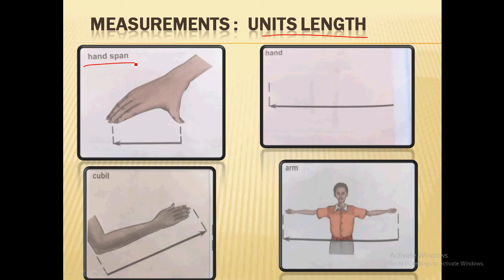Number 2 is a hand. Use your hand, start from the first and end. So all is your hand, and sometimes we use a hand. One hand is not 2 hands, it is 1 hand. We use it sometimes for clothes when we are measuring clothes.